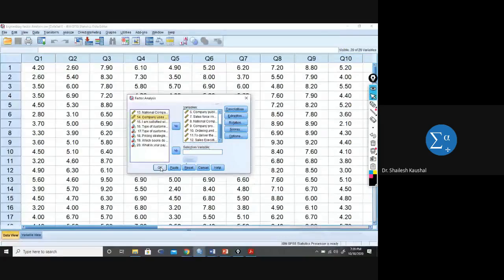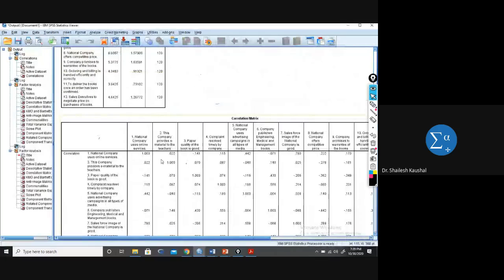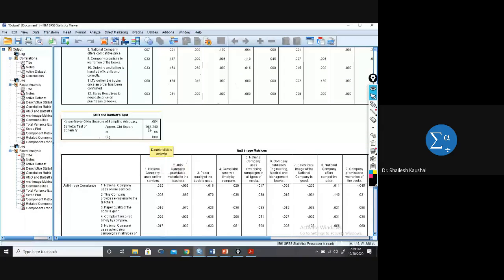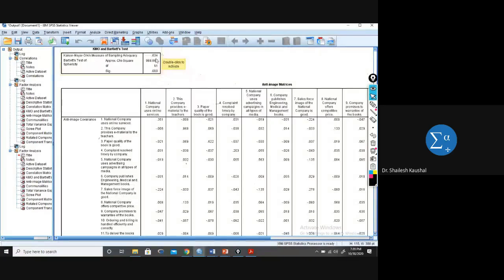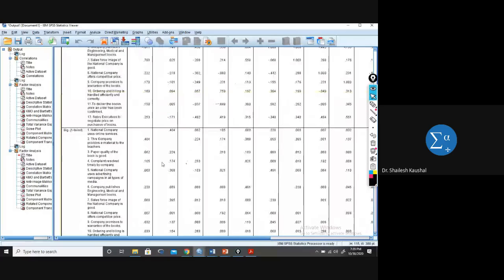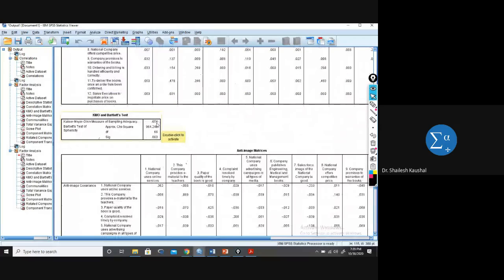Now for the KMO Bartlett test, its value improves. Earlier it was 0.634, now it has increased and its value is 0.653. It is desirable, no problem.